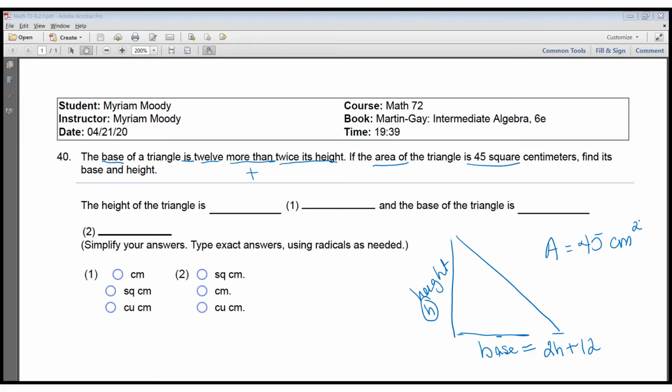Cool? Okay, so let me go over here onto our scratch work and redraw the triangle. We have the base is equal to 2h plus 12. This is h, this is our height, right? And they told me the area equals 45 centimeters squared. So now, help me out. Since it's a geometry problem, since I'm talking about a triangle and the area, what do you think you need to know to start this problem after you've drawn it?